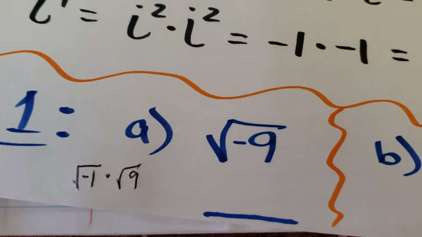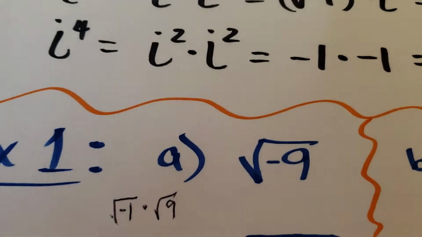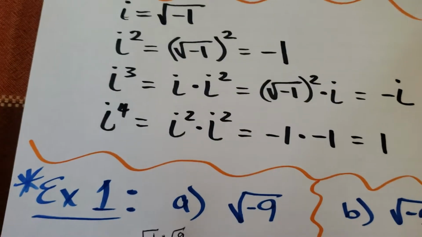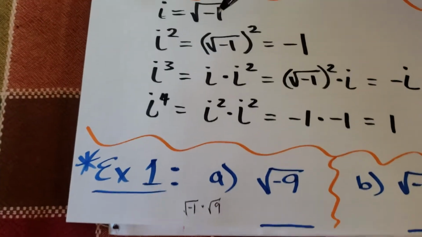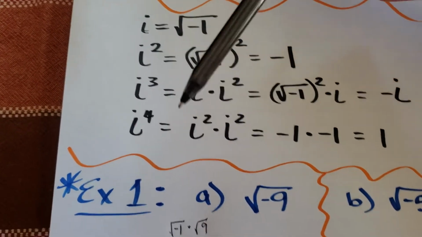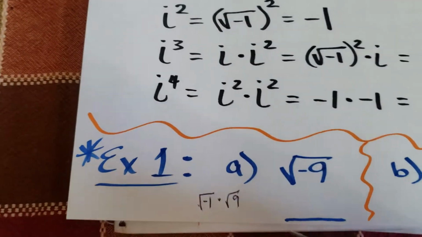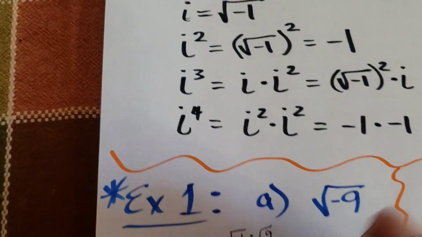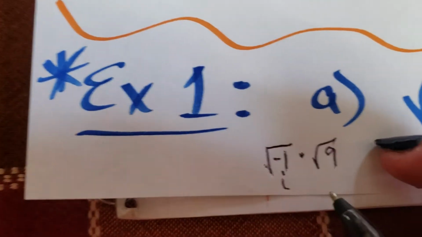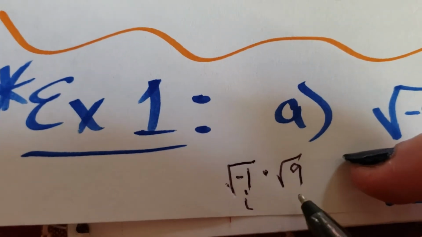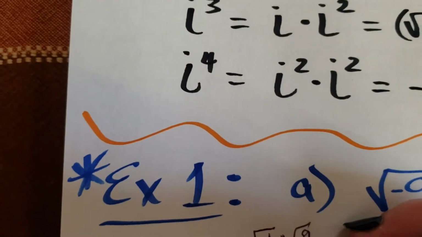So with that fact, the square root of -1 is replaced with i, and we know that the square root of 9 is a perfect square, so that is 3.